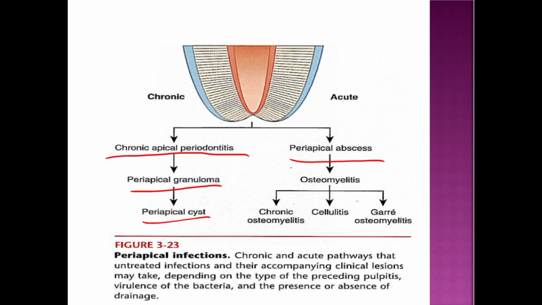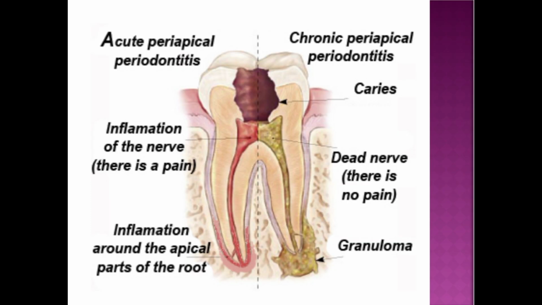So basically, the chronic and acute pathways show what happens if the infections are untreated, depending on the preceding pulpitis, the bacteria type, and the presence or absence of drainage. We have said that in acute pulpitis we don't do drainage, very important, remember it.